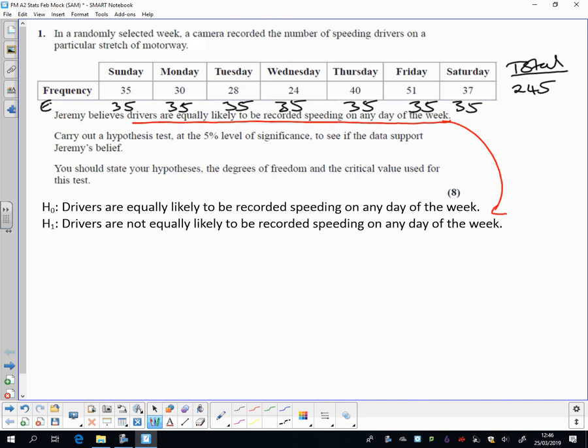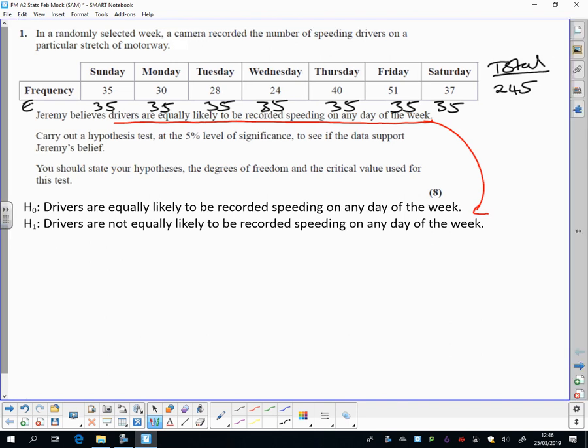Right, this way you should have a proper table, because then you want to work out for your chi-squared your observed minus your expected, squared, divided by your expected. Okay, so you should have Sunday, Monday, Tuesday, Wednesday.